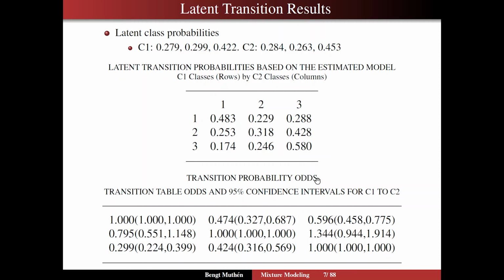Odds refer to one variable, C2 for being in class 2 versus class 1, but with an x variable we have 2 variables, and we can see the effect on the transition probabilities in terms of odds ratios as a function of each of the x variables. So that's not available or not used here because we don't have any covariates.